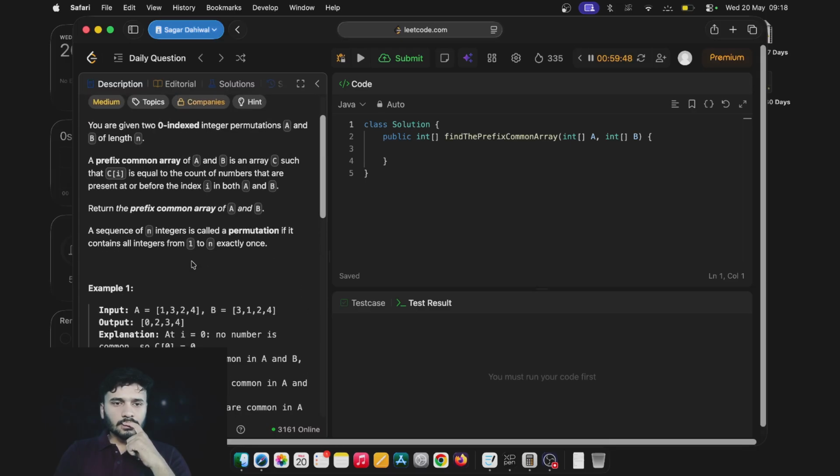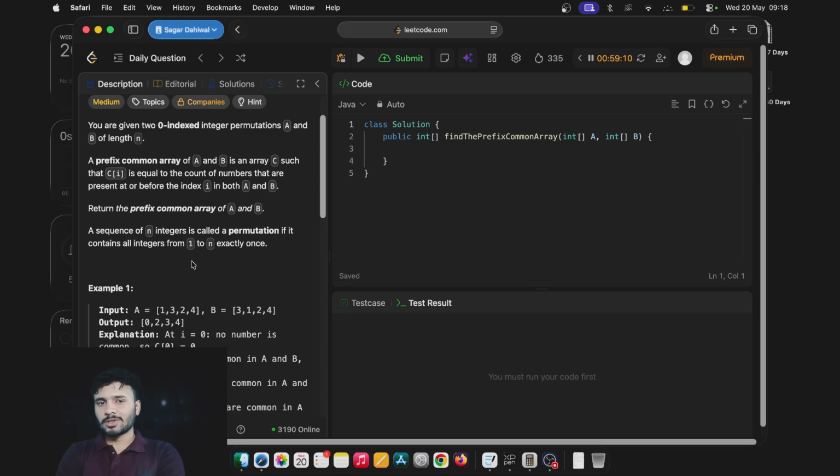What does this mean? A prefix common array of A and B is an array C such that C of i is equal to the count of numbers that are present at or before the index i in both A and B. Return the prefix common array of A and B. The sequence of n integers is called a permutation if it contains all integers from 1 to n exactly once.